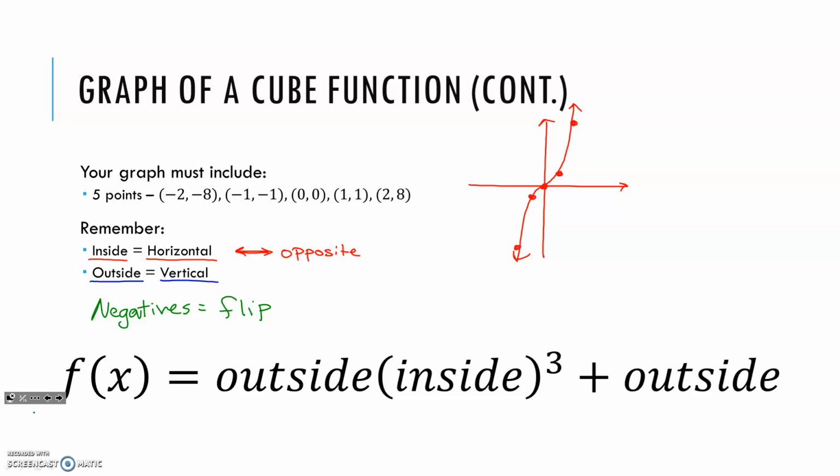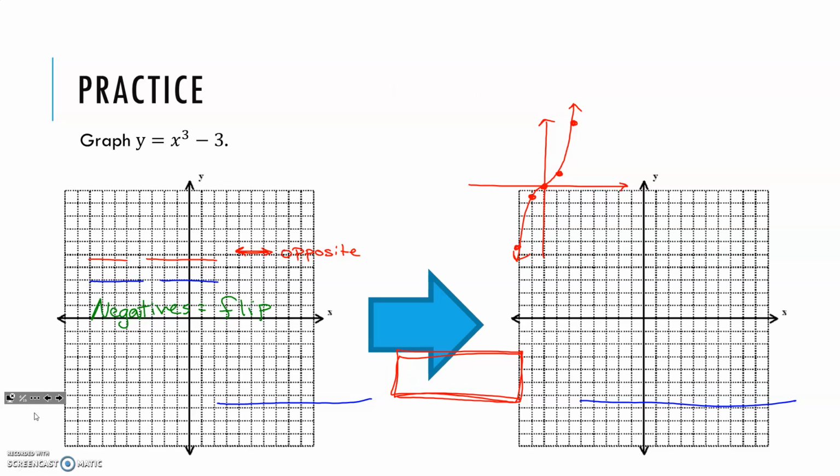Anything inside of parentheses is going to cause your horizontal shifts. If there is something out in front of the parentheses or added or subtracted behind, those are going to be your vertical shifts. So this is one we've seen before, very similar to the parabola we've done, just a different parent function.